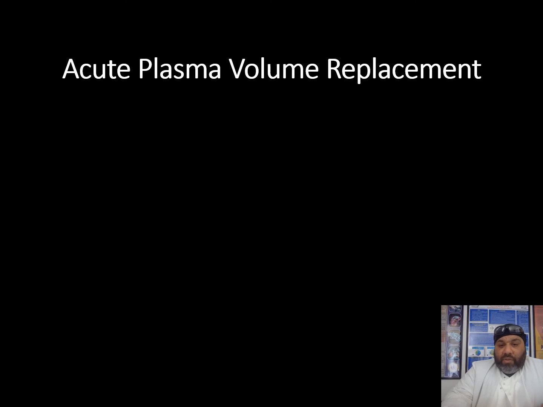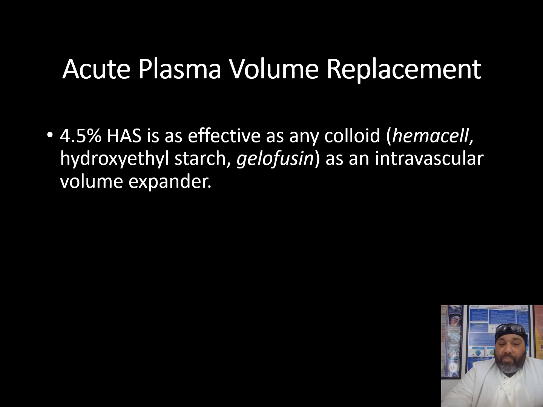So there's acute plasma volume replacement, where, for example, 4.5% human albumin solution is as effective as any colloid, such as hydroxyethyl starch or gelofusine, where human albumin solution is used as an intravascular volume expander.